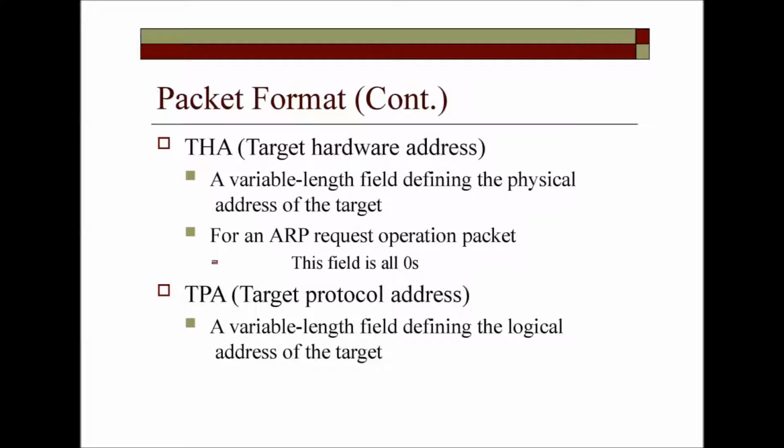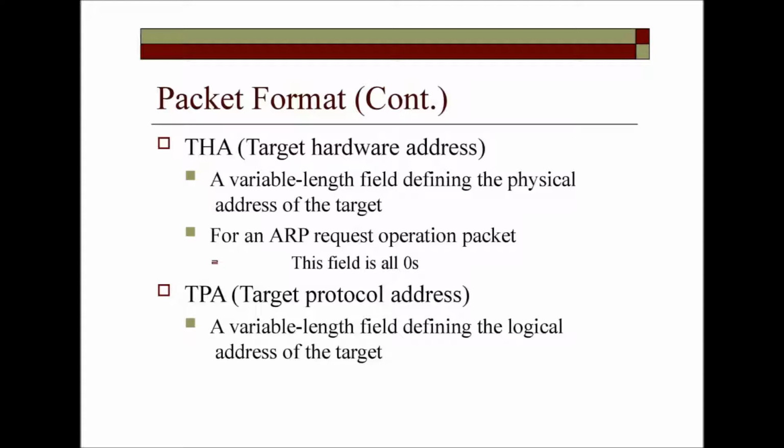Target hardware address, a variable length field defining the physical address of the target. The physical address of the target means the machine or device whose physical address we want to get. So if we have the logical address, we can find the physical address.